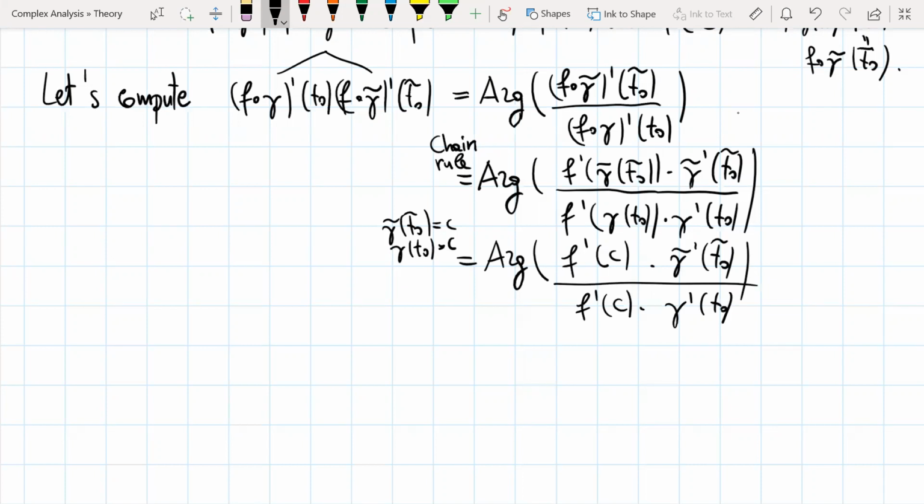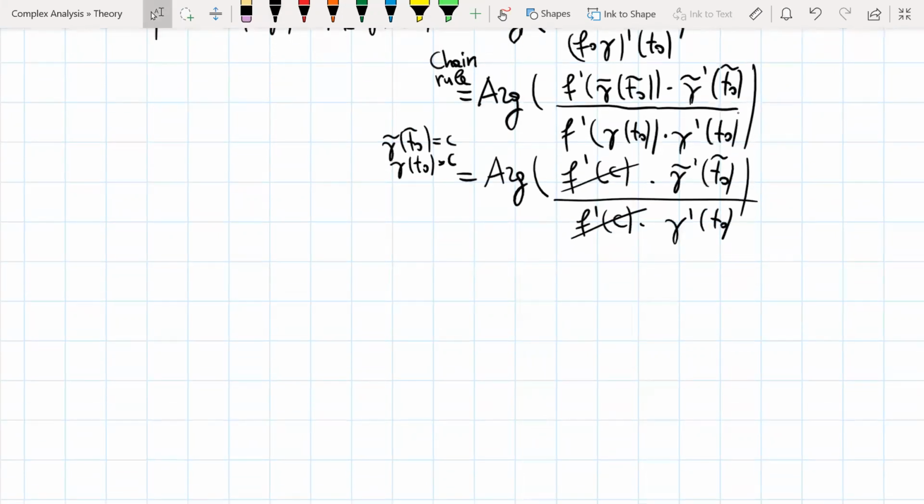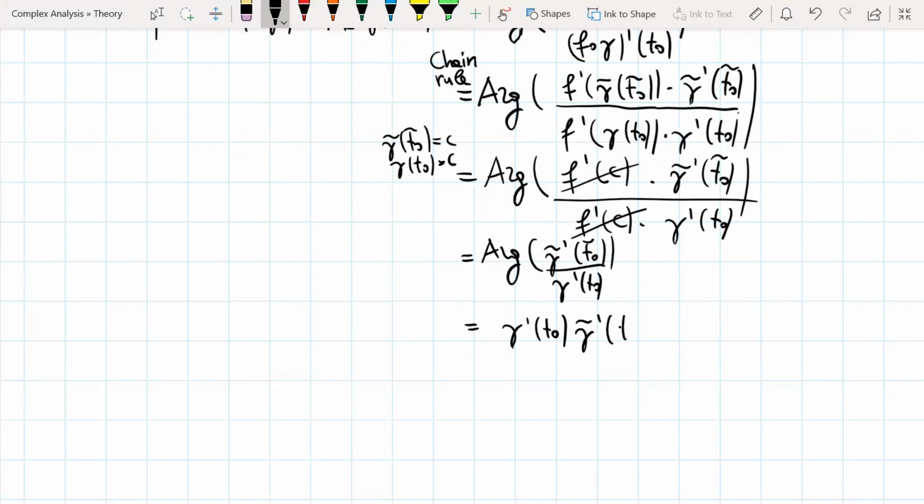Okay, so since f prime is different from 0, we can simplify, and what we get is the argument of gamma tilde prime T0 tilde divided by gamma prime T0. And by the lemma, this gives the angle between gamma prime T0 and gamma tilde prime T0 tilde.